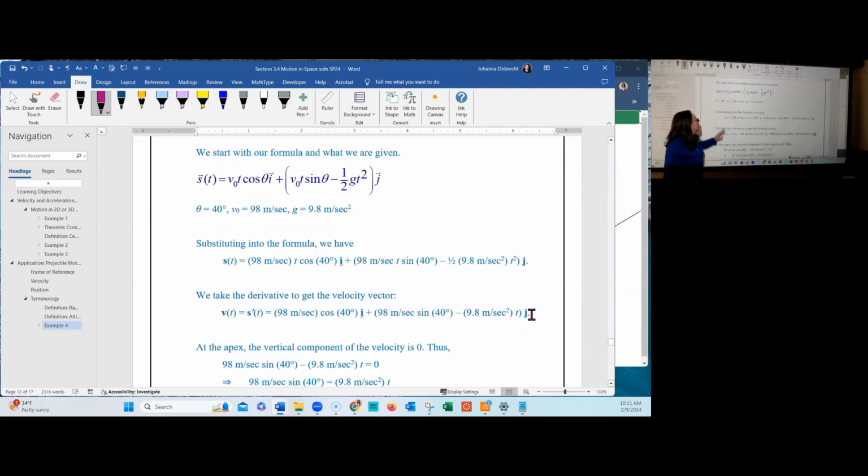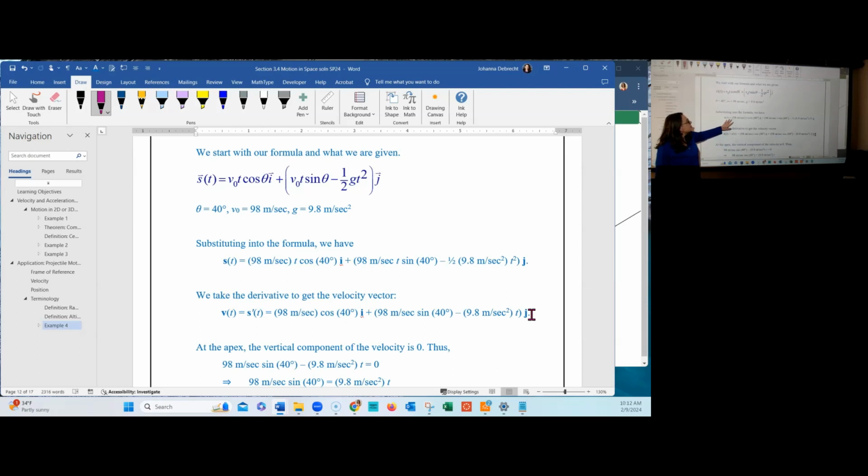This is our formula for S of t: V naught t cosine theta in the i hat, plus the quantity V naught t sine theta minus 1/2 g t squared in the j hat direction. And again, our angle theta is 40 degrees, our initial velocity is 98 meters per second at that angle, and gravity is 9.8 meters per second squared.